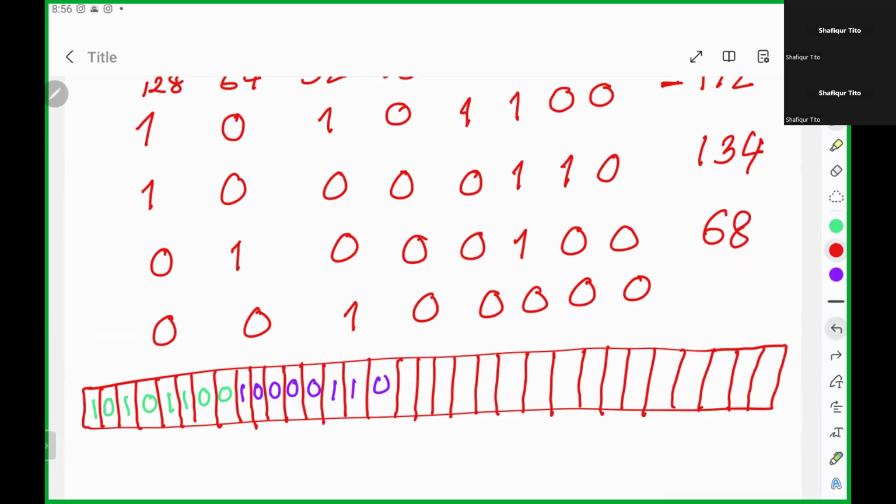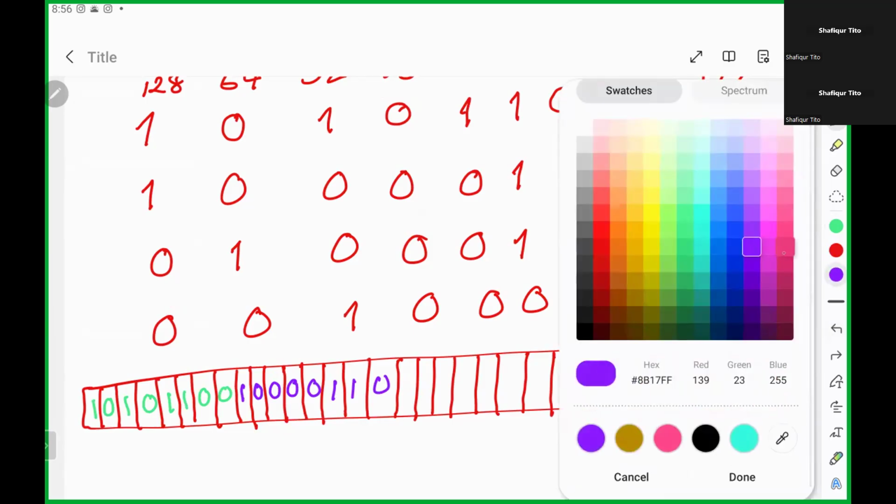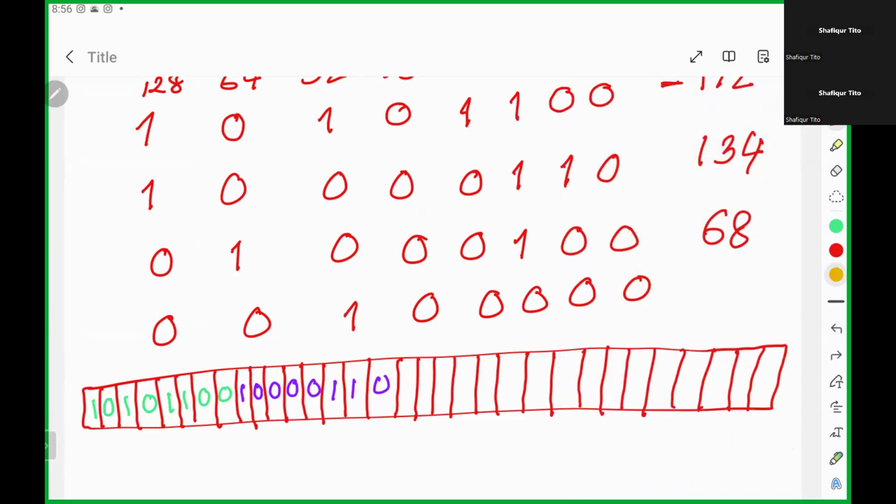Red does not look good, so let us try with a different color. What would be good? This one. Okay, so this one would be 0 1 0 0 0 1 0 0, and then the last one.